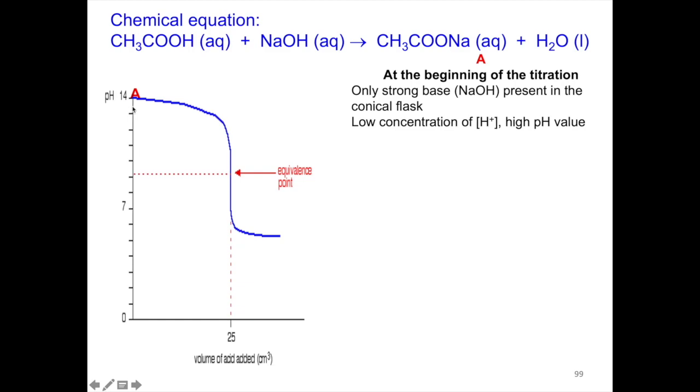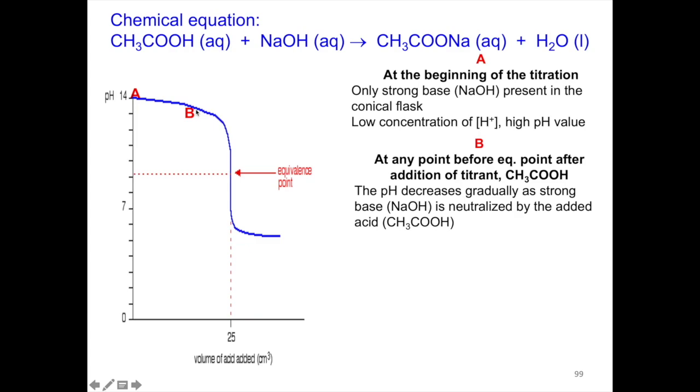Okay, at the next point B, this is the point before the equivalence point after additions of CH3COOH. As you add acid into the base, what happens to the pH? It will decrease gradually as the strong base is neutralized by the added acid.